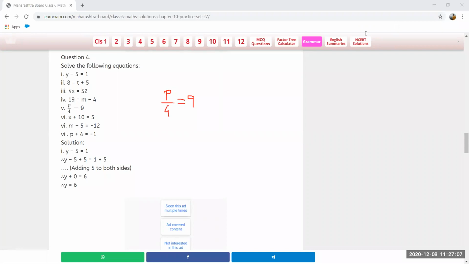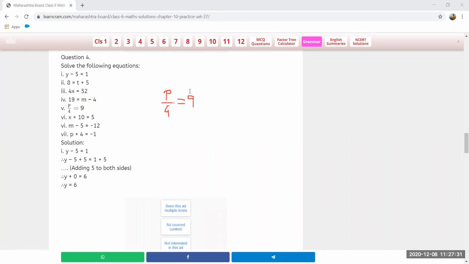What would be the next step? Multiply. Yes. Multiply by what? We don't want this 4 with P because we want to find the value of P. So what are we going to do? Ananya, wrong. Yes, Sudhanshu correct. Multiply by 4 on both sides.